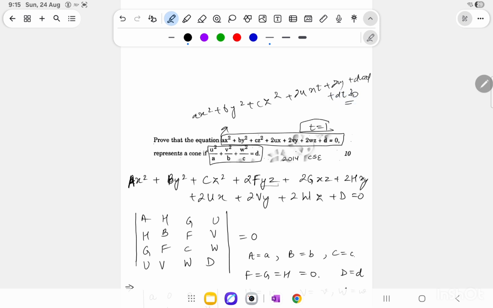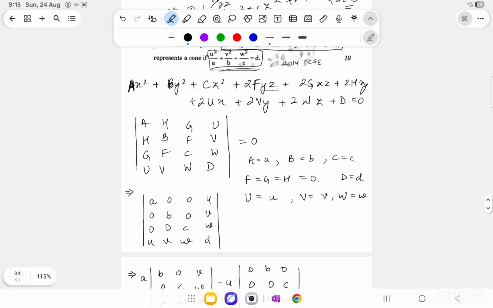And like we find the vertex of the cone, you can find del f by del x equals 0, del f by del y equals 0, likewise del f by del z equals 0, and del f by del t equals 0. Then you can solve these equations to get a relation, and that will be this relation only. So you can do that as well.